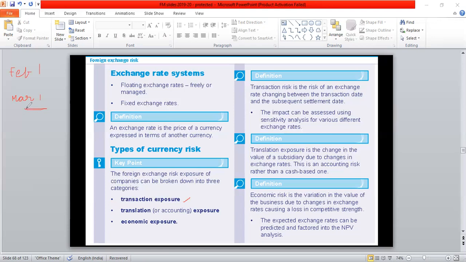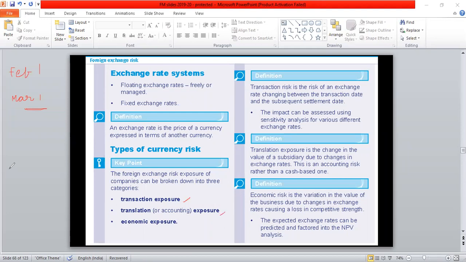If the price rises, it is a negative effect for the buyer, because the buyer will have to end up paying more domestic currency. So if there is a risk which involves a transaction between two parties, we call that a transaction risk. The second type is translation risk.